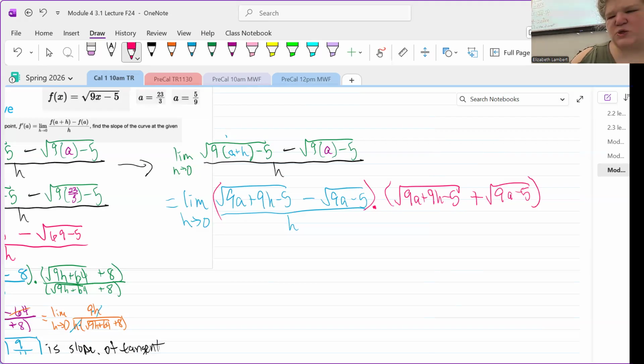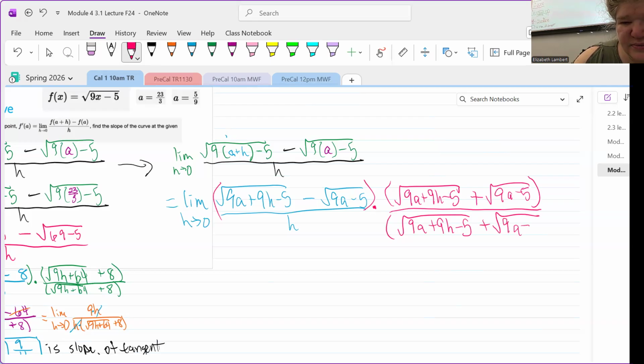So everything inside the square roots has to be the same, but the sign in between the square roots is what changes. All right, so again, the conjugate is the difference of squares.